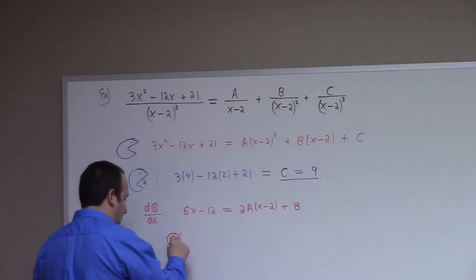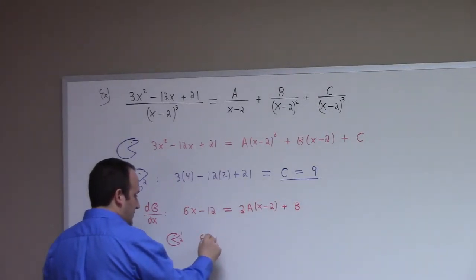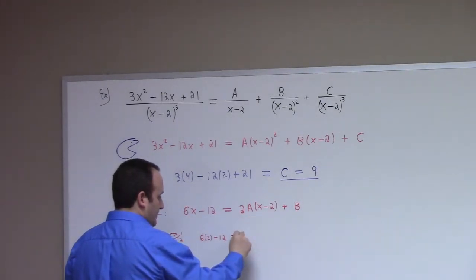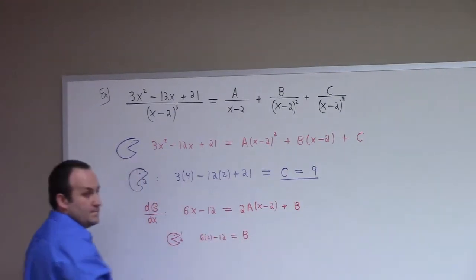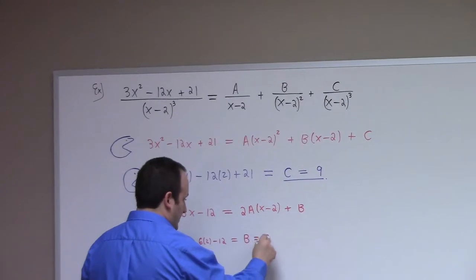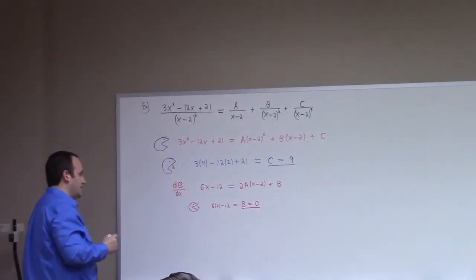Pac-Man prime eats a 2. What does he get? 6 times 2 minus 12 is equal to b. Plug in 2 into this. So b is 0. I think you see where I'm going with this.